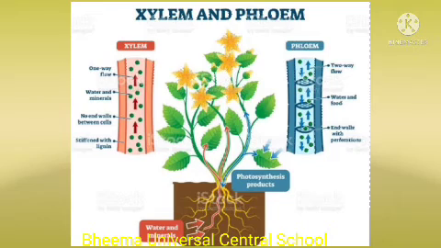Xylem supplies water and minerals from the roots to the leaves and other parts of the plant, and phloem transports food prepared by the leaves to roots and other parts of the plant.